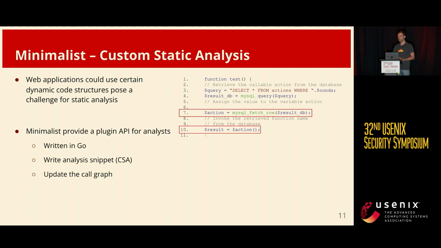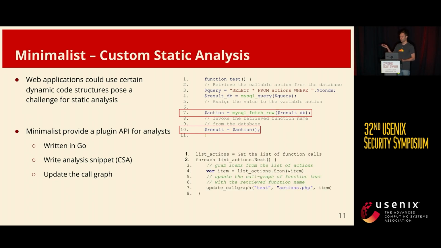So what we do here is that we provide a plugin API for analysts, which is written in Go, and we call these plugins custom static analysis, and we provided them for the applications in our data set. And this is essentially a callback into the call graph generation code that can help our static analysis to determine the potential targets for these function calls.